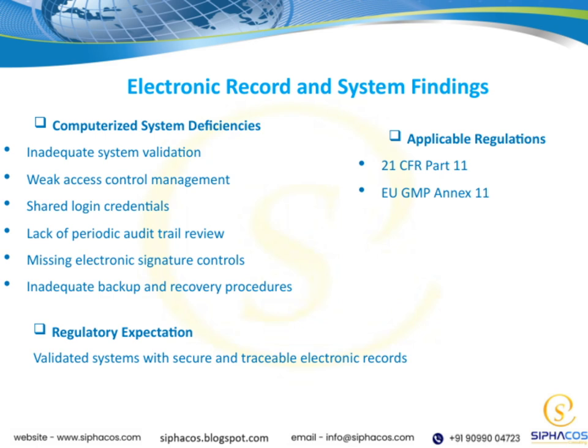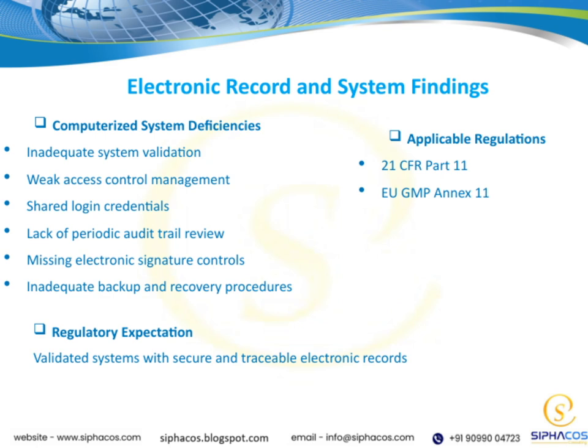We also found a lack of periodic audit trail reviews. It's crucial to regularly review these logs to detect any anomalies or unauthorized activities. Missing electronic signature controls can undermine the authenticity and integrity of electronic records, which is a serious compliance gap.